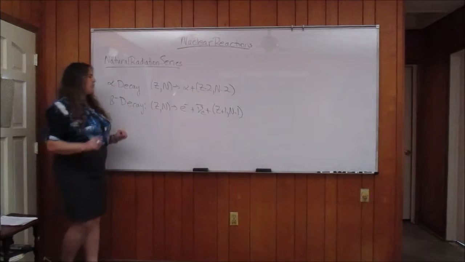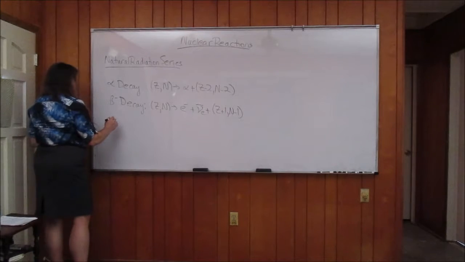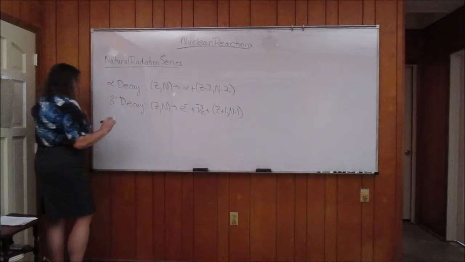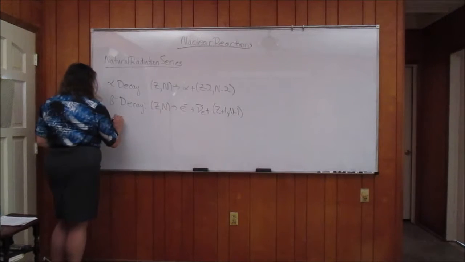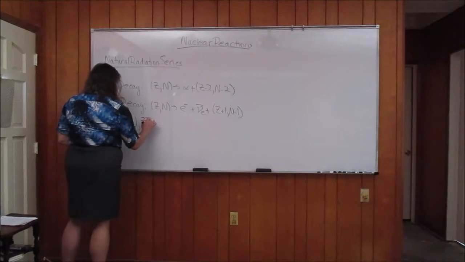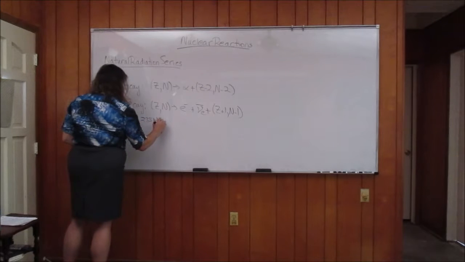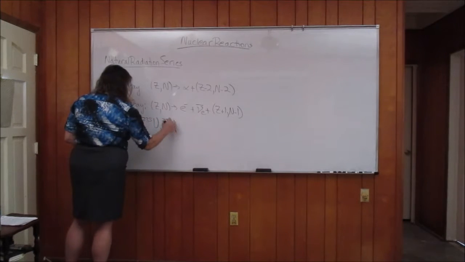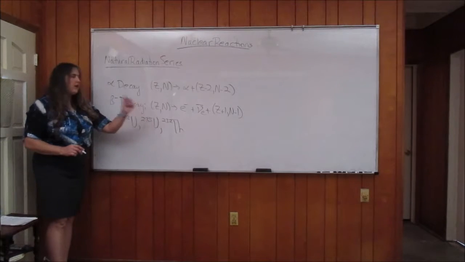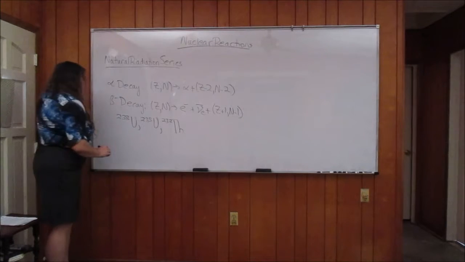Okay, so if you take a look at the heavier elements, 3 of those species will stand out for their very long half-lives. And that would be uranium-238, uranium-235, and thorium-232.